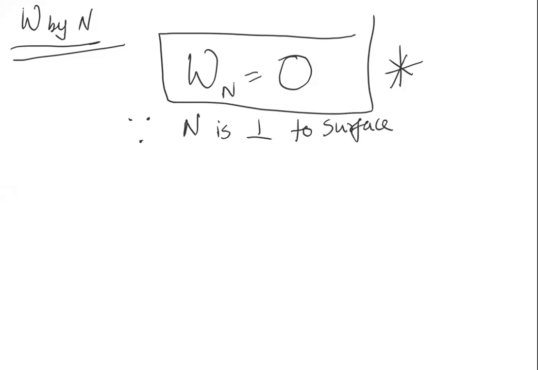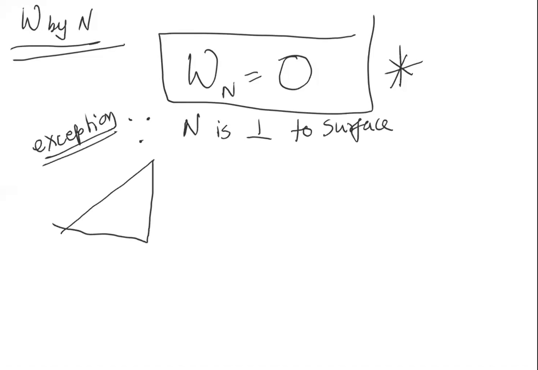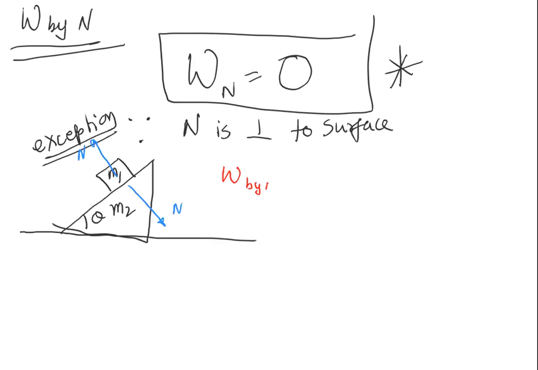अगर हमारे पास एक ऐसा ऑब्जेक्ट है, एक्सेप्शंस, M1 M2, normal reaction on M1 is like this and the normal reaction on M2 is like this. ठीक है ना? So in this case, work done by normal reaction on M2 is not equal to zero.